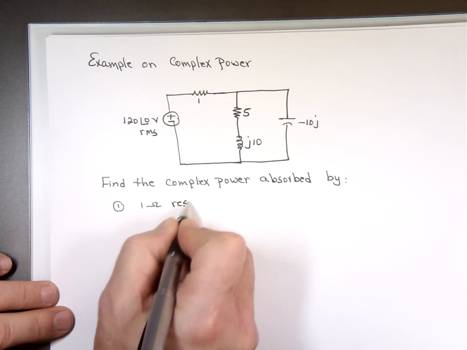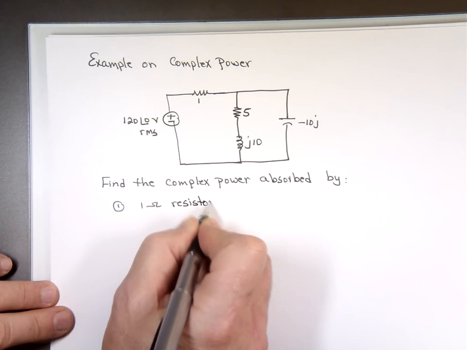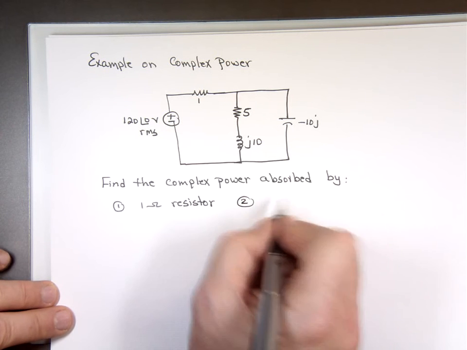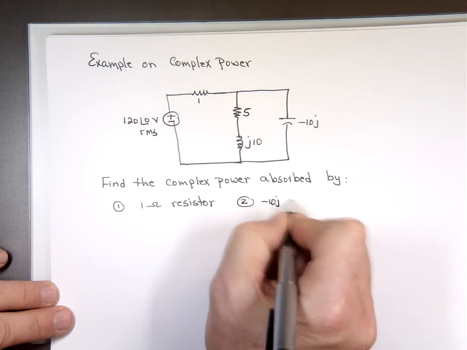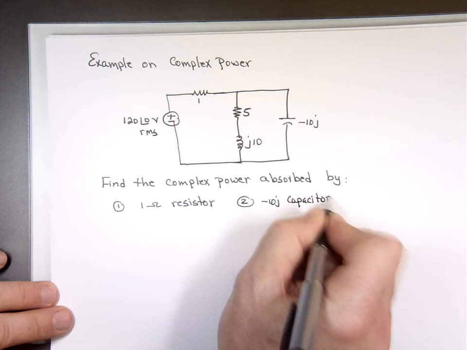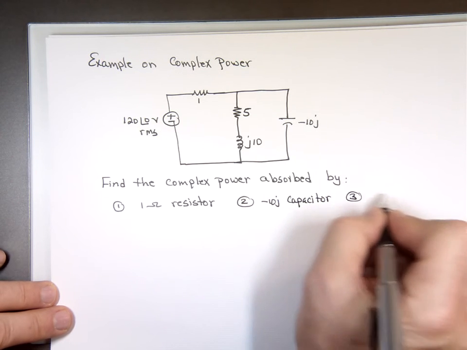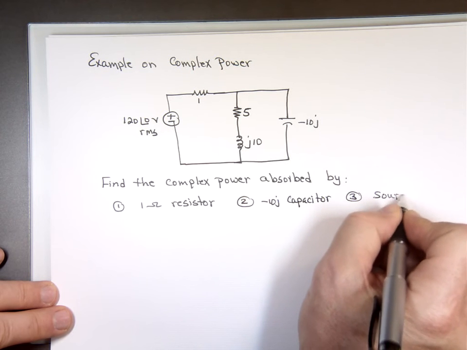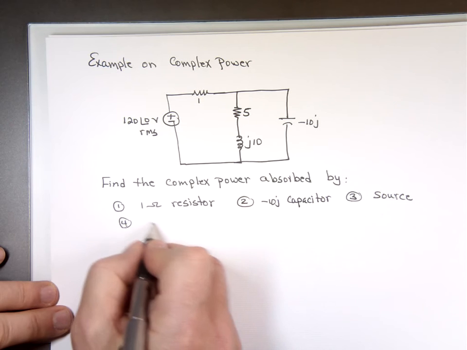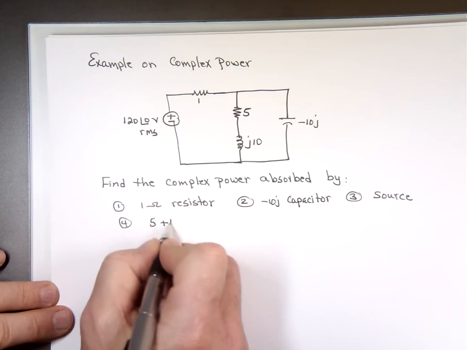I probably will not answer them in that order. 2, by the negative j10 capacitor. 3, by the source. And 4, by the 5 plus j10 impedance.